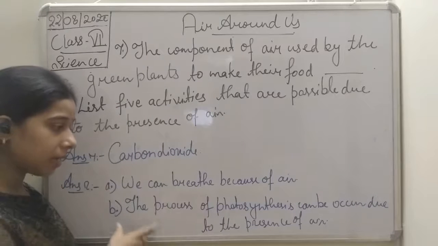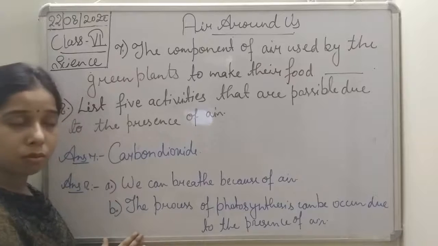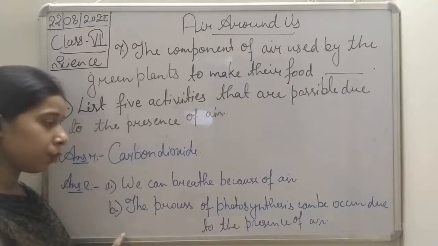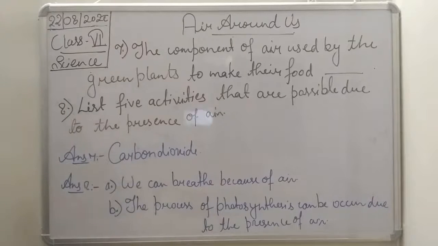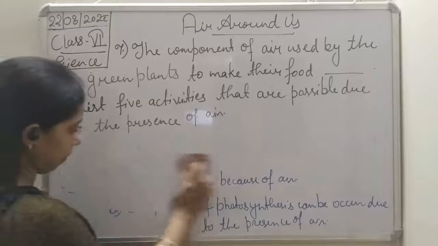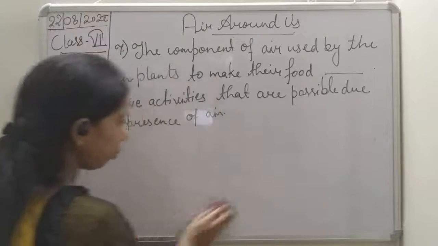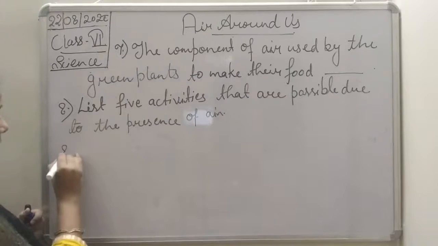So they take this gas from the air itself. So we can say that the process of photosynthesis is also carried out due to the presence of the air. Then the next one is we can burn things. You know that burning can occur due to the presence of the air.